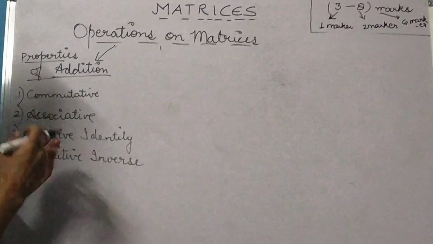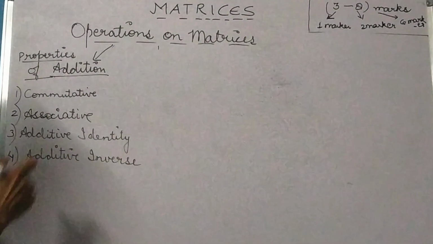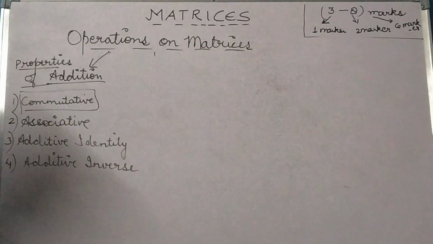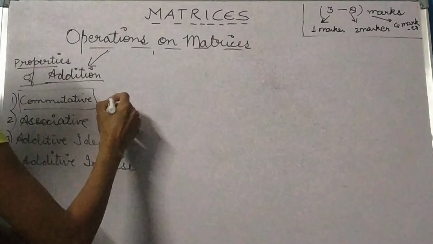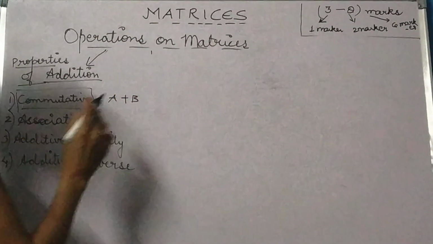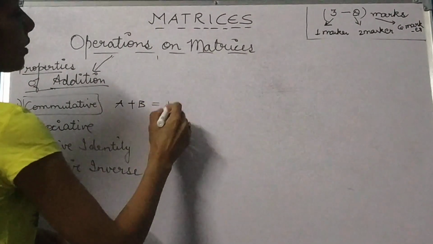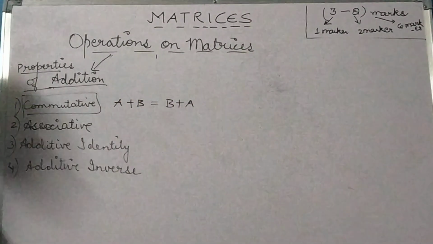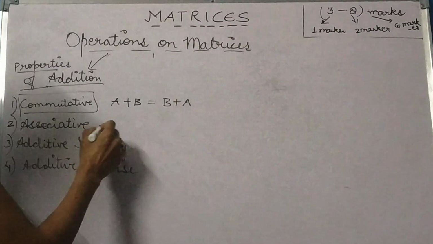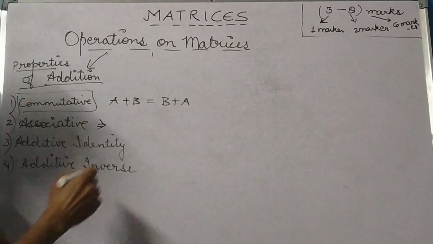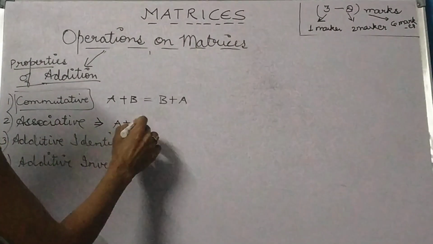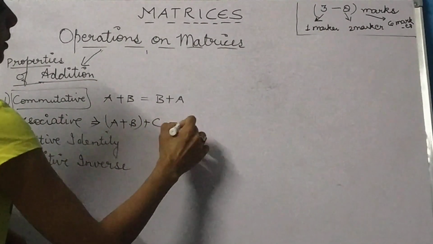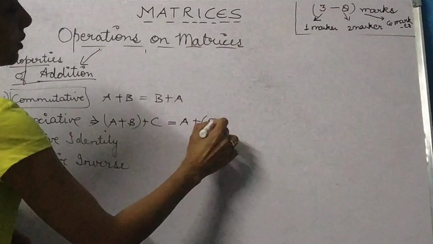Let's discuss the properties of addition. Matrices are commutative. That means if we add two matrices like this, or if we add matrices like this, then we will get the same result. Associativity. Associativity says if we change the order of the addition, then it doesn't make a difference.